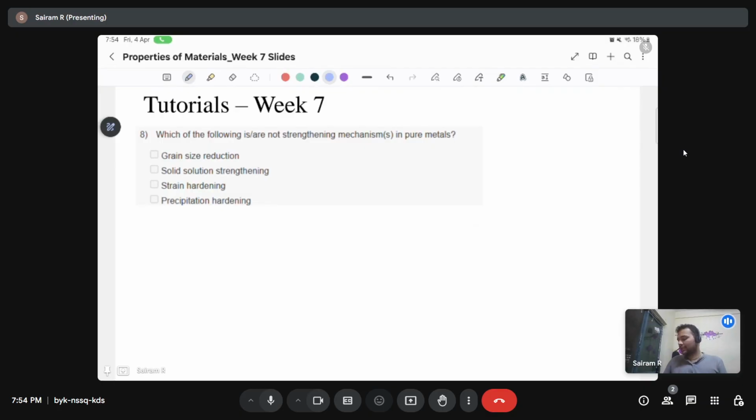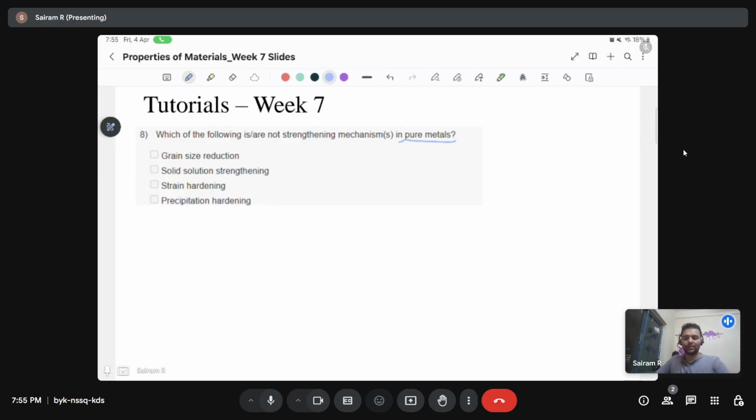Week 7. Which of the following is or are not strengthening mechanisms in pure metal? Okay, the main point over here is this is a pure metal, right? Grain size reduction can be done in pure metals, so it is purely a matter of having the right kind of cooling rates or heat treatment mechanisms for me to play with the grain size reductions.